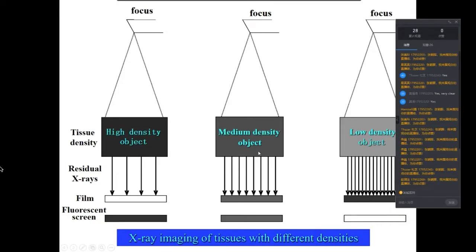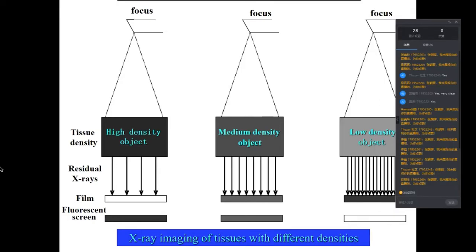Remember, I have said that the attenuation of X-rays is proportional to the density of exam objects. The higher the density of the exam object is, the more X-rays will be attenuated, and the less amount of X-rays will be residual after X-rays penetrate the object.